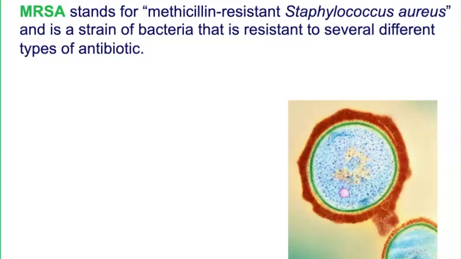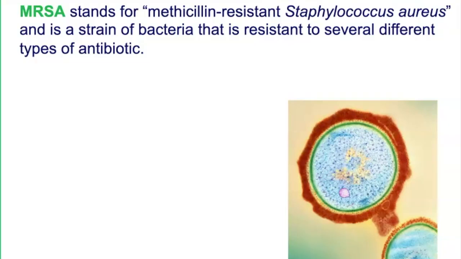MRSA stands for methicillin-resistant Staphylococcus aureus and is a strain of bacteria that is resistant to several different types of antibiotic. Here we see a picture of MRSA. It is a colored transmission electron micrograph. It is a cross-section of that bacteria.